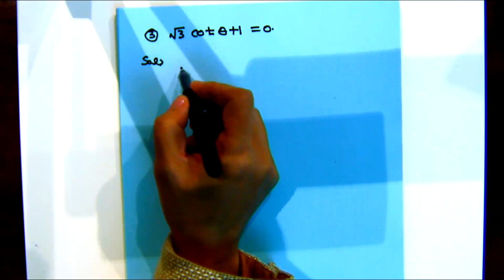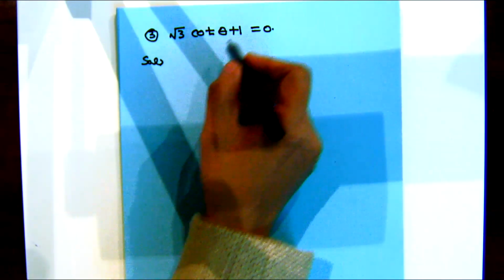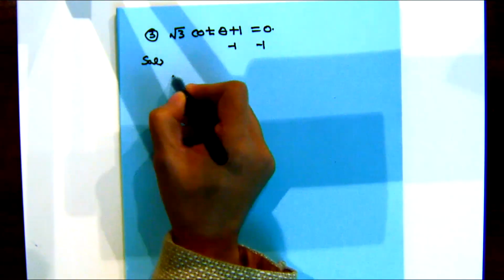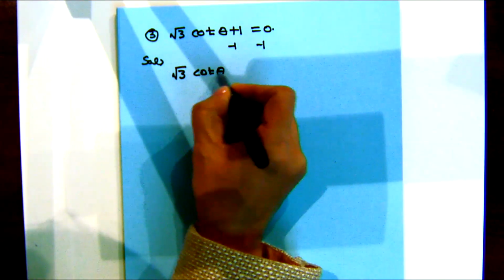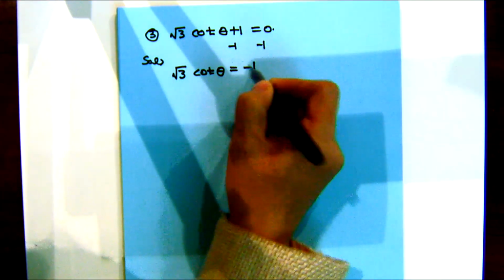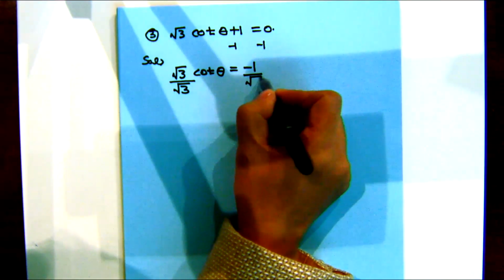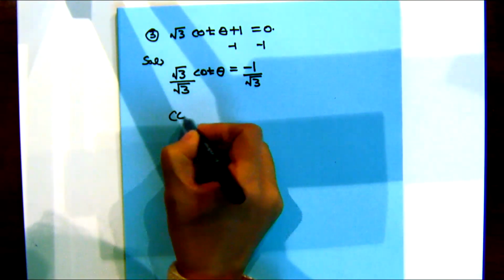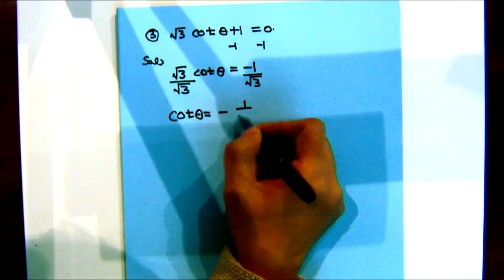But the first step is isolate cotangent. So we have square root of 3 cotangent of theta equals minus 1, and we divide by square root of 3 on both sides. So we have cotangent of theta equals minus 1 over square root of 3.